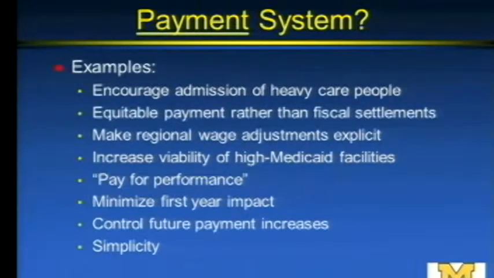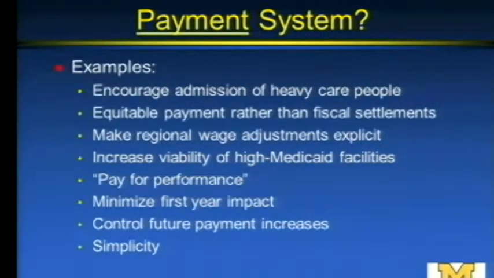It may be very problematic for some facilities to suddenly slam into a case mix system. What sorts of designs make sense in terms of making sure that facilities are warned, facilities understand the new rules, and facilities have time to change their practice patterns and change their fiscal patterns in order to deal with a new payment system?